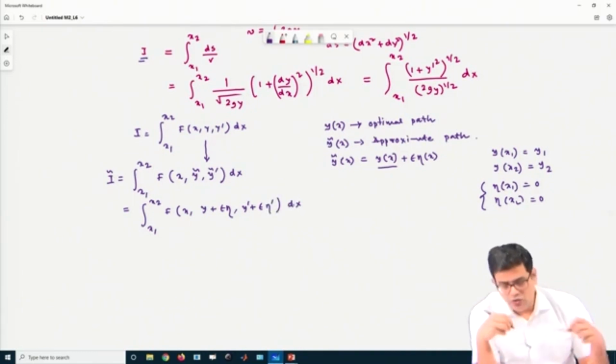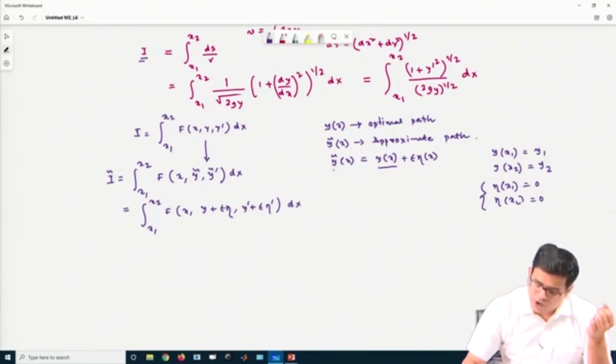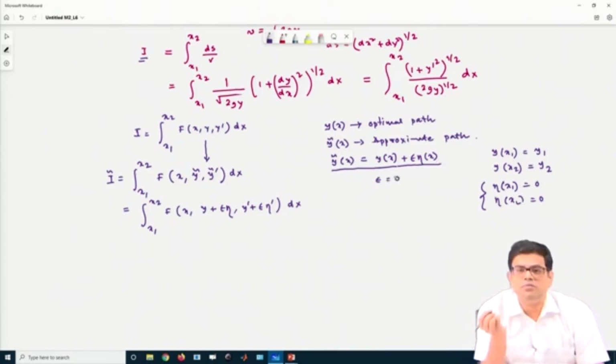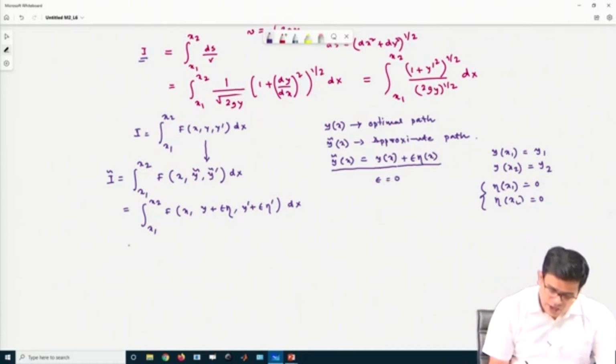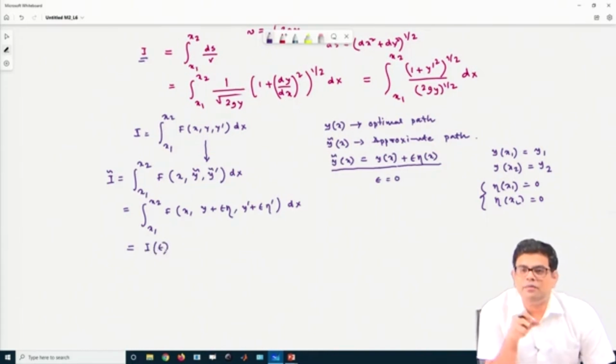Now, how do we minimize this I tilde in such a way that we get y? If you look carefully, the approximation y tilde is such that if I put epsilon equal to 0, I get the optimal function. So if I write this functional as a function of epsilon only, then epsilon equal to 0 is the optimal path.